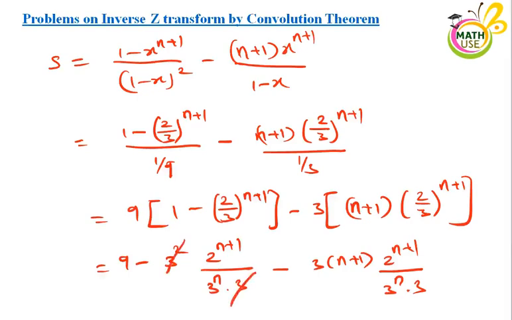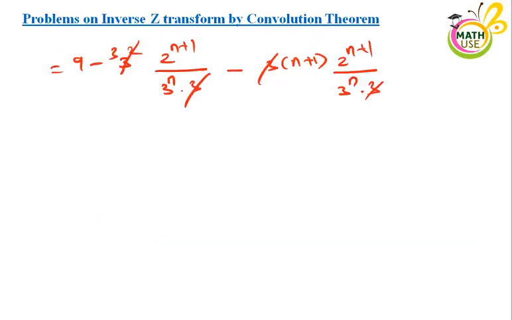So here 1 3 gets cancelled, so the remaining term is 3. That 3 we can write here, and here 1 3 gets cancelled. So simplify it.